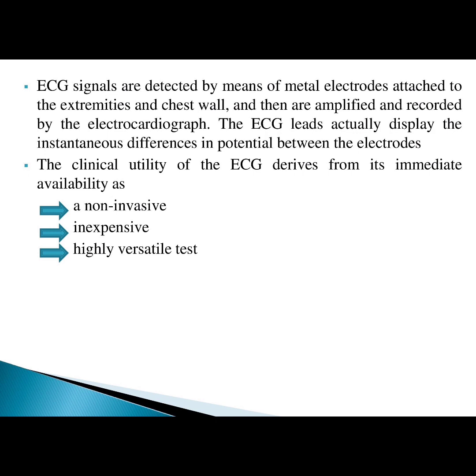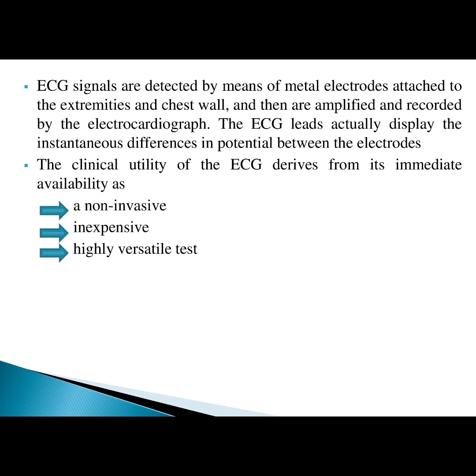ECG signals are detected by means of metal electrodes attached to the extremities and chest wall, and then are amplified and recorded by the electrocardiograph. Usually we use 12 metal electrodes placed on the human body.